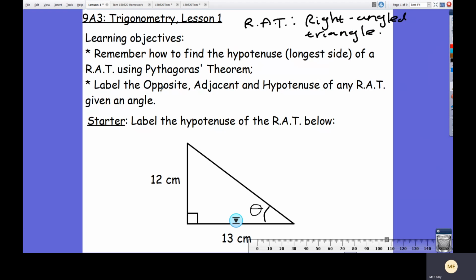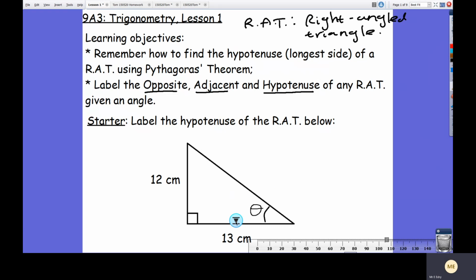We want to be able to label the opposite, adjacent, and hypotenuse of any right-angled triangle given an angle. Now that sounds really complicated because you may never have heard opposite and adjacent being applied to triangles, but we certainly know what the hypotenuse is. It's the longest side. So all of that will be made straightforward.